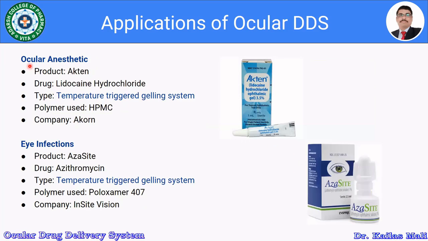Then for ocular anesthesia, the product Akten is available in the market. It contains lidocaine hydrochloride. It is a temperature triggered gelling system. Here the polymer HPMC is used, and it is developed by Akorn.